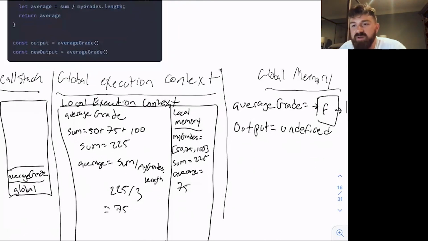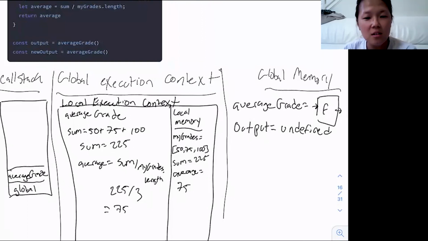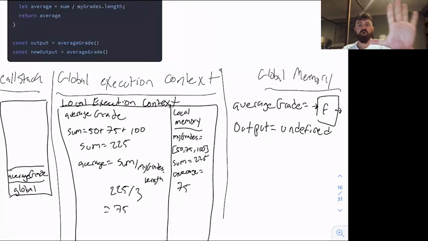Average is what value at the end here? 75. So the return keyword says: take whatever comes after the return keyword, take that value and return it to wherever this function was called.